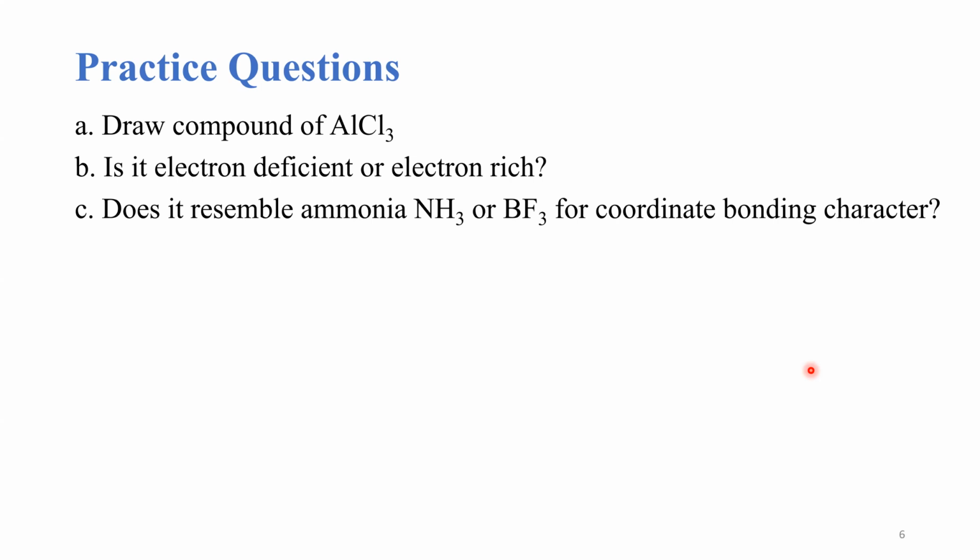So how many of these have already fulfilled their octet rule? The third part is, does it resemble ammonia, NH3, or BF3 for coordinate bonding? I have discussed with you in detail the example of ammonia and BF3. So one is the Lewis acid and one is the Lewis base. So you have to decide, keeping that reference, and match whether AlCl3 resembles BF3 or NH3.